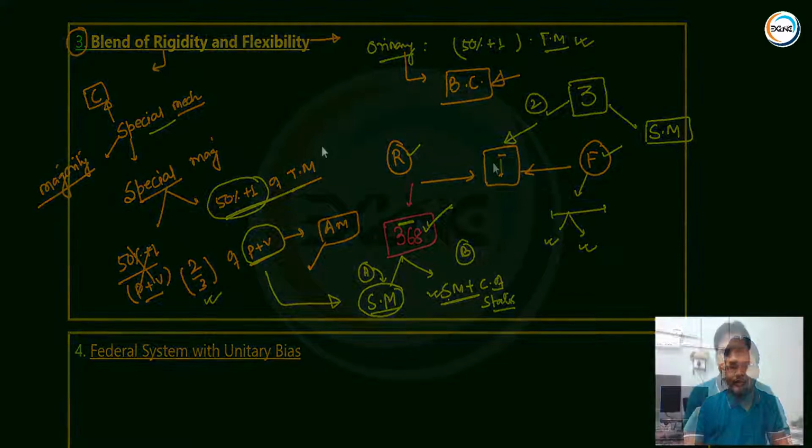So let's conclude today's class. Today we have seen the concept of the state, and within the state the concept of the government. There are 3 organs of the government, called the trinity of the state: legislature, executive and the judiciary. The peculiar features of the Indian Constitution are that it is the world's lengthiest written constitution.